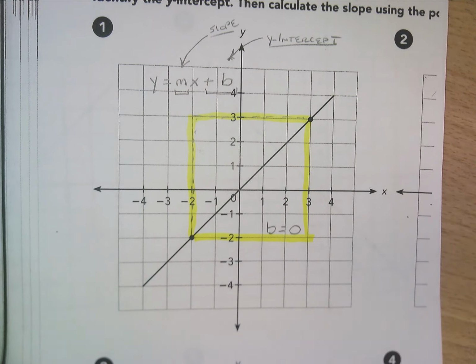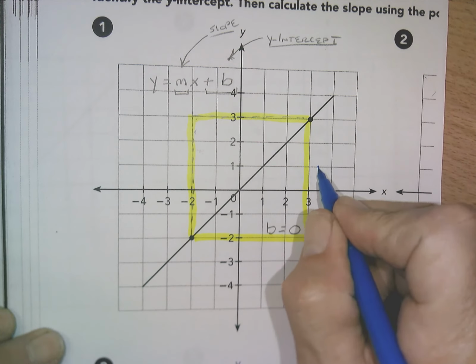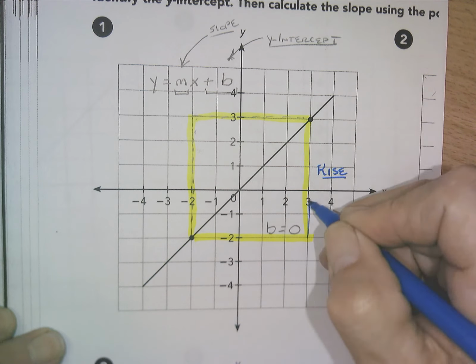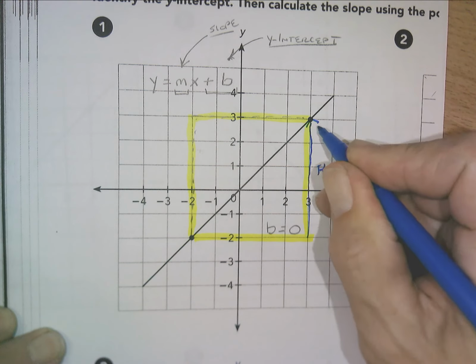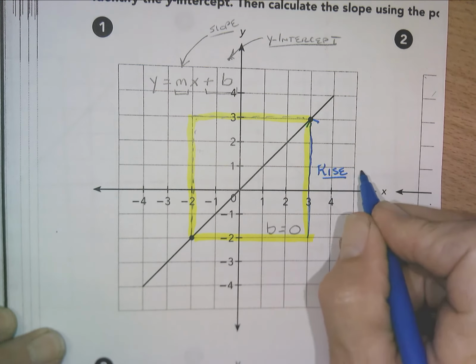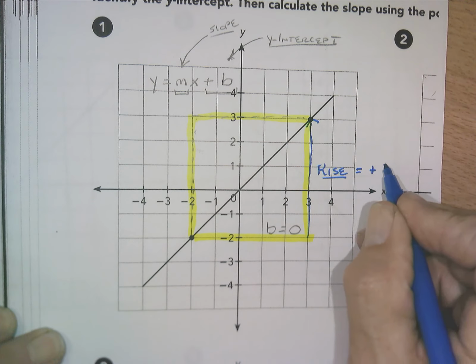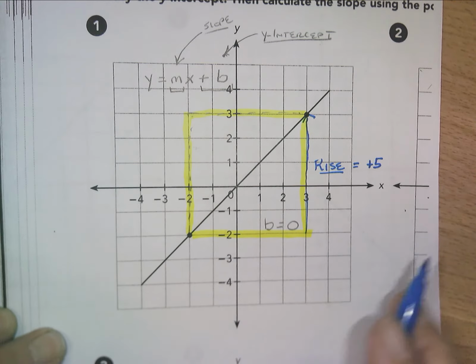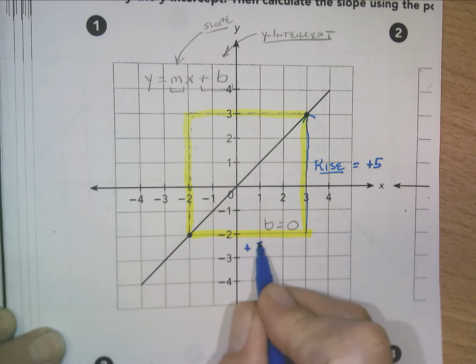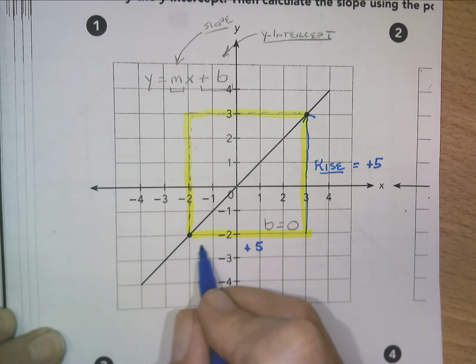Either way, we see that our rise, -2 to 3, is a positive 5. And our run goes from -2 to 3. This is also a plus 5. So that's our run.